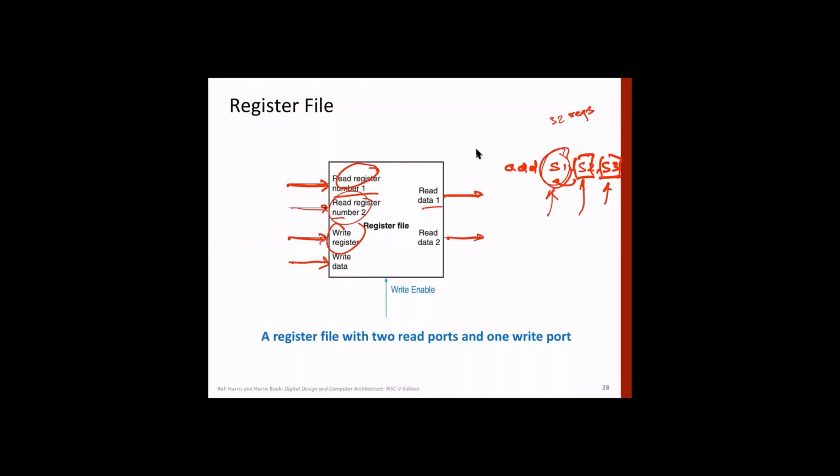And then these two give the register output ports, or buses connected to them, where we get the data out from two registers, and this is for writing data. So the register file has two read ports and one write port.